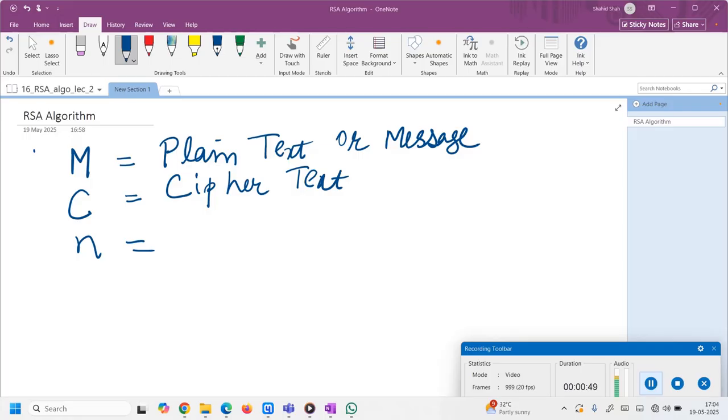So what is the maximum number N such that the number of bits used to represent a block of plain text is less than or equal to N? So N is that integer that, when we represent it in binary form, will be the maximum number of bits required to represent the block of message.